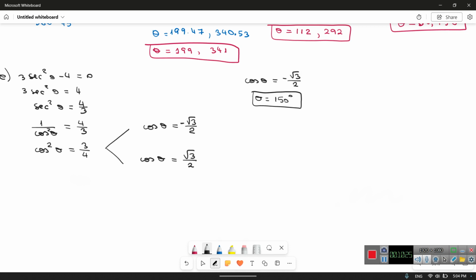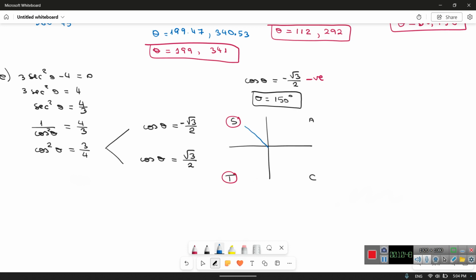This is our first angle. Now if I do the quadrants, we have all, sine, tangent, cosine. We want the values where cos is negative, in the second and the third quadrant.